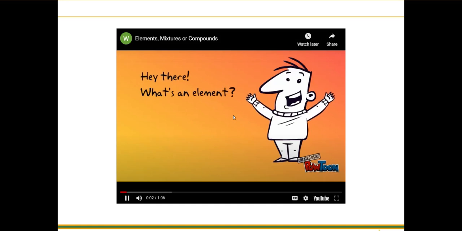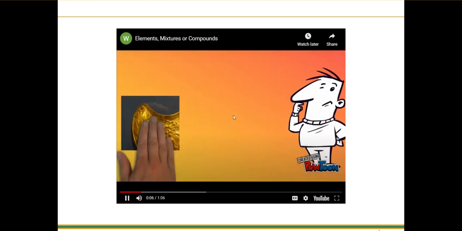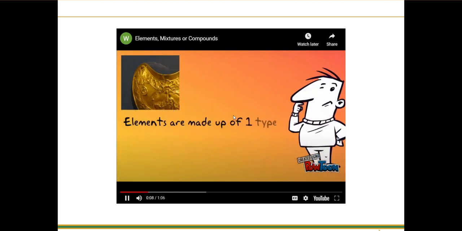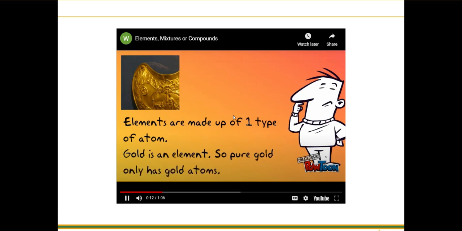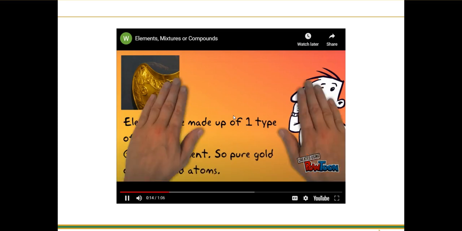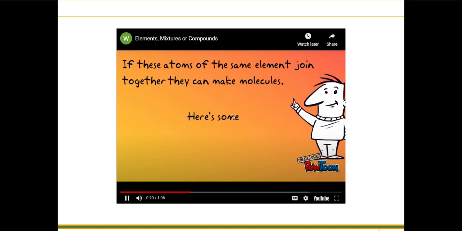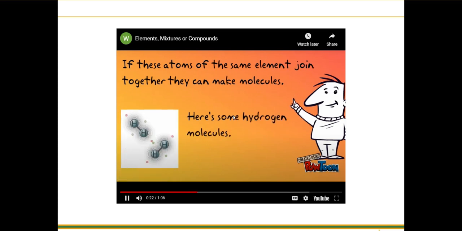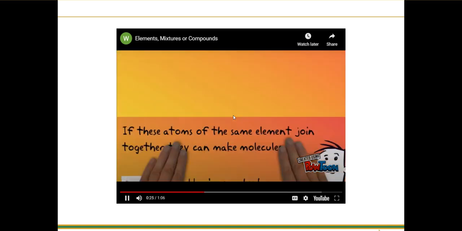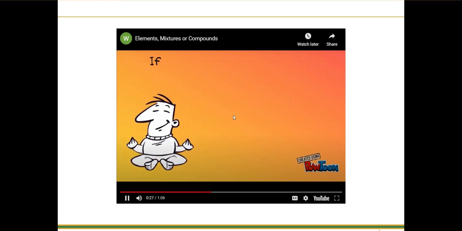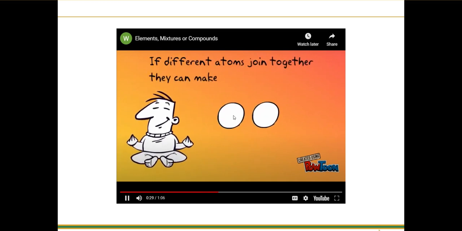Hey there, what's an element? Elements are made up of one type of atom. Gold is an element, so pure gold only has gold atoms. If these atoms of the same element join together, they can make molecules. Here's some hydrogen molecules. If different atoms join together, they can make compounds.